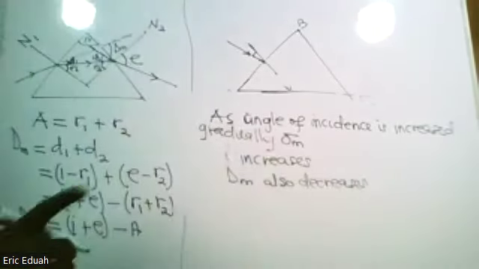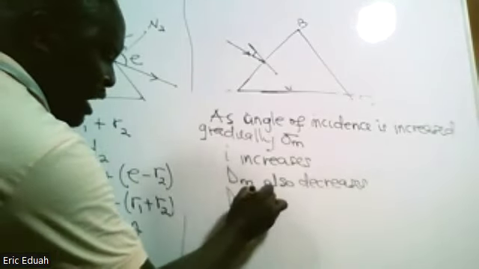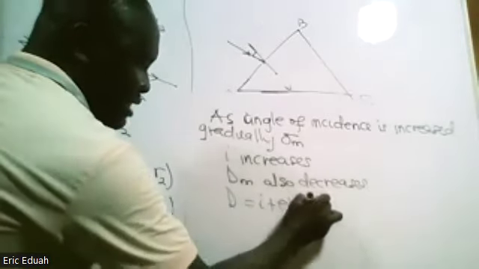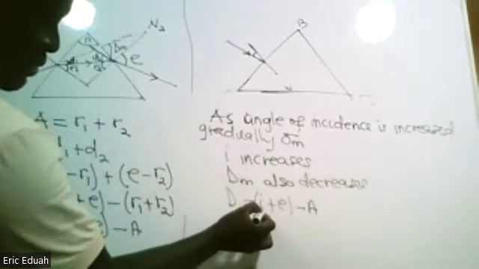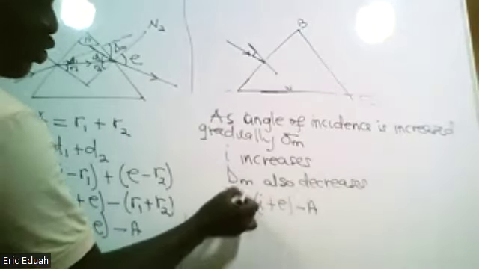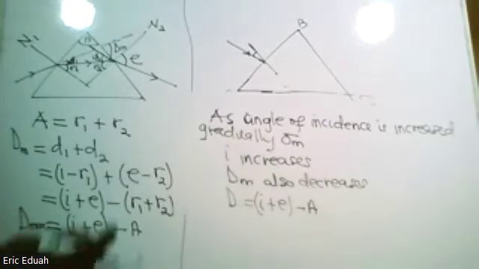Please don't forget that the total deviation we are referring to, D, is equal to I plus E minus A. So as we increase this gradually, the total deviation within the prism also gradually decreases.